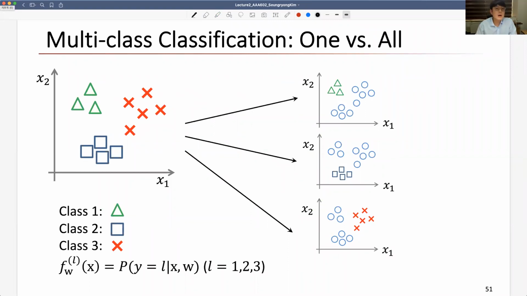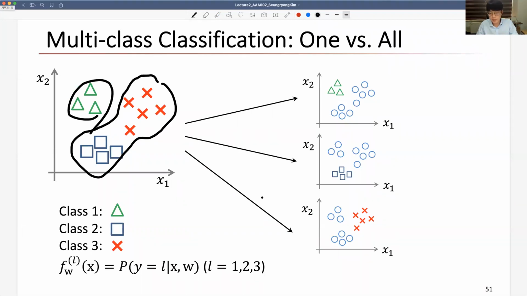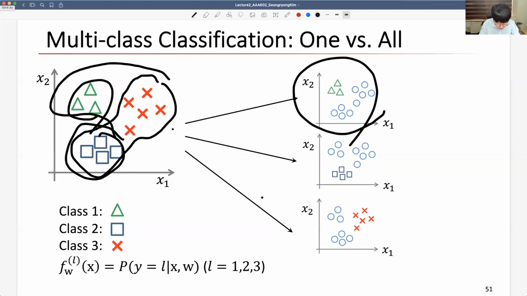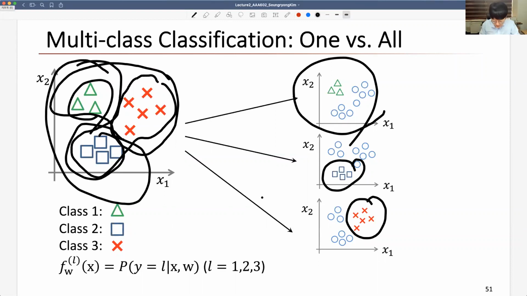First of all, the multi-class classification problem can be decomposed into several sub-problems. If we consider this class, the remaining classes will just be the negative class. If we consider this class, these whole samples will be negative. If we consider this one, this part will be the negative class.